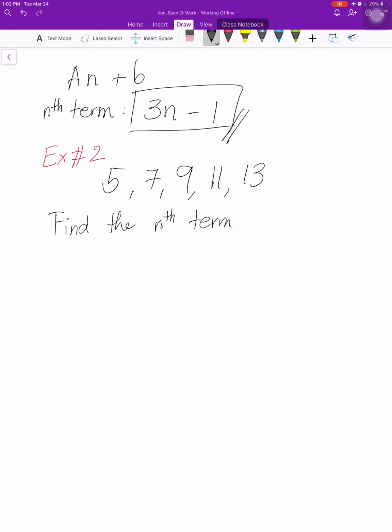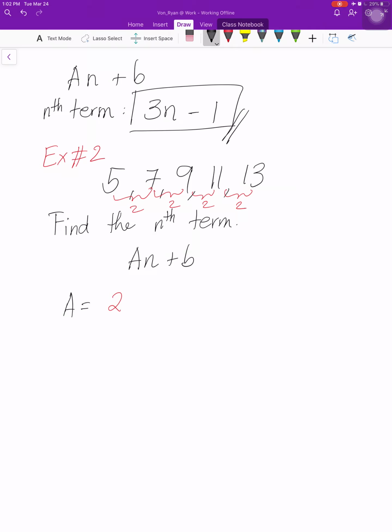If we're looking for the nth term, we're basically looking for the formula, the rule. It's going to be an plus b, so you need to look for a first. A is the difference between the terms, and here the difference is 2. So it increases by 2, and a is equal to 2.